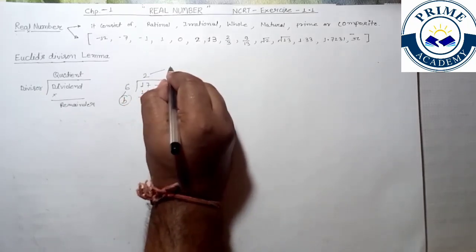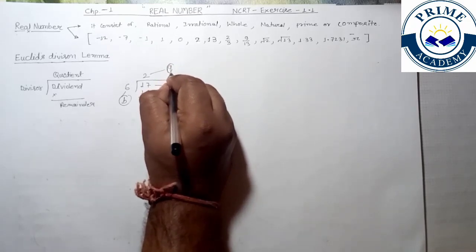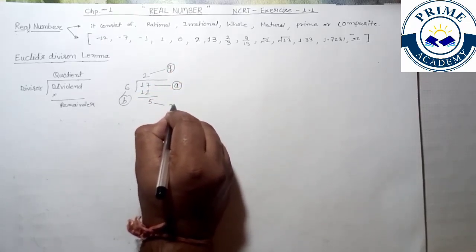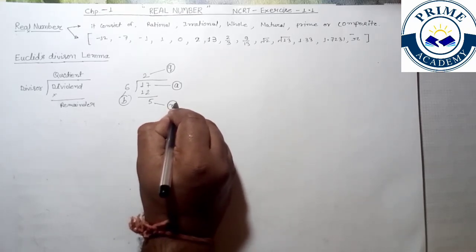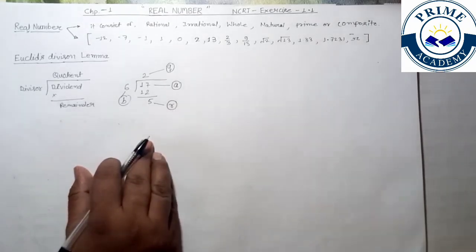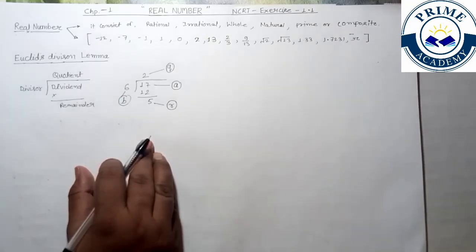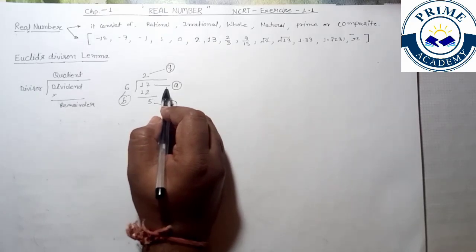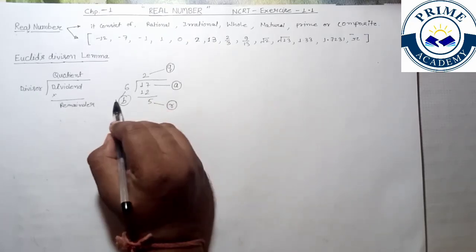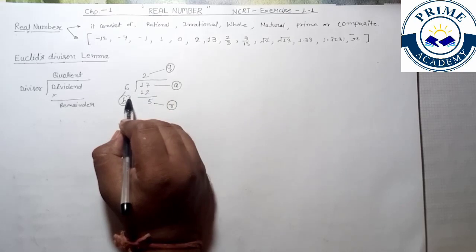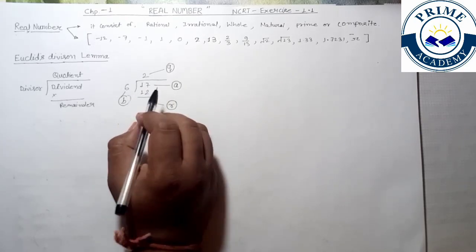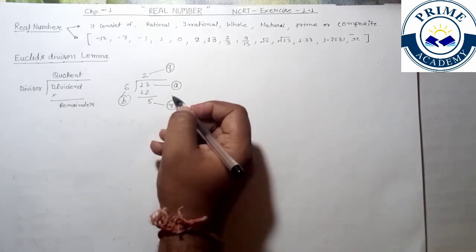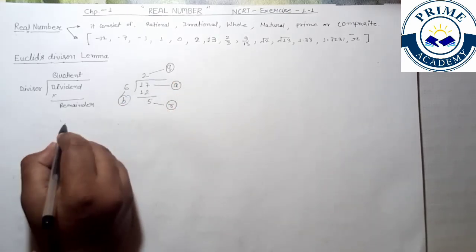The quotient is small q, and small r is for the remainder. So Euclid's division lemma says: for given positive integers a and b, there exist unique integers q and r. So you can write these terms.